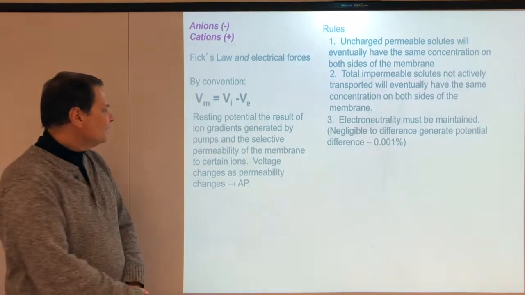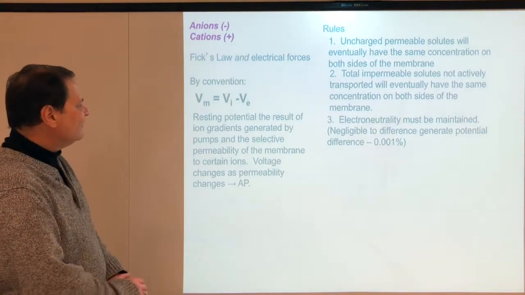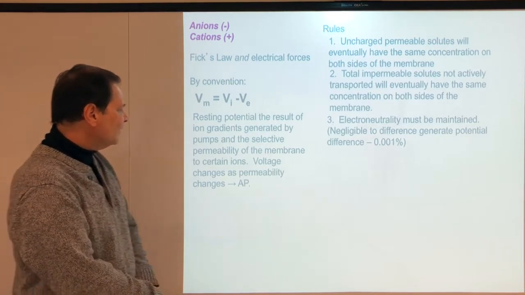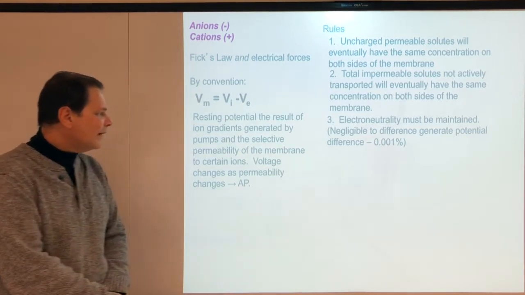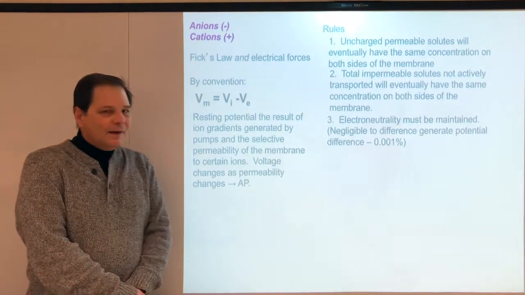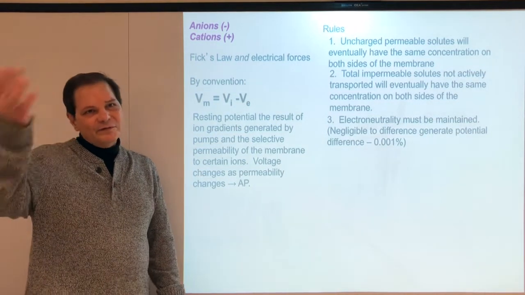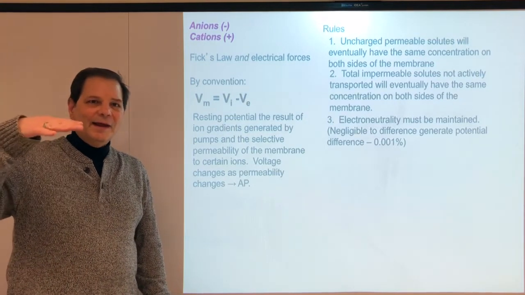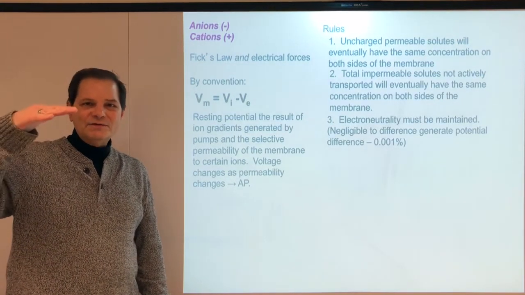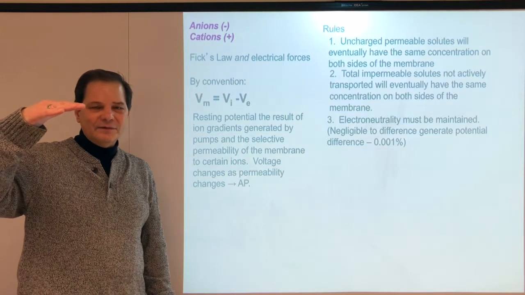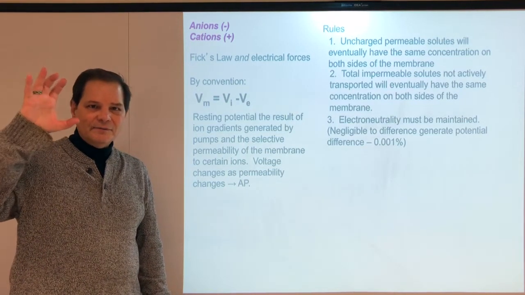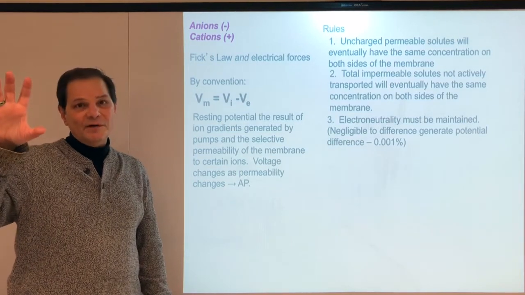And the resting potential is the result of ion gradients generated by pumps and the selective permeability of ions to the membrane. In other words, you have a certain number of open channels, you have a gradient for ions across the membrane, and the number of open channels, the permeability of the ion to the membrane, along with the magnitude of the concentration gradient for all the ions determines what the membrane voltage is.